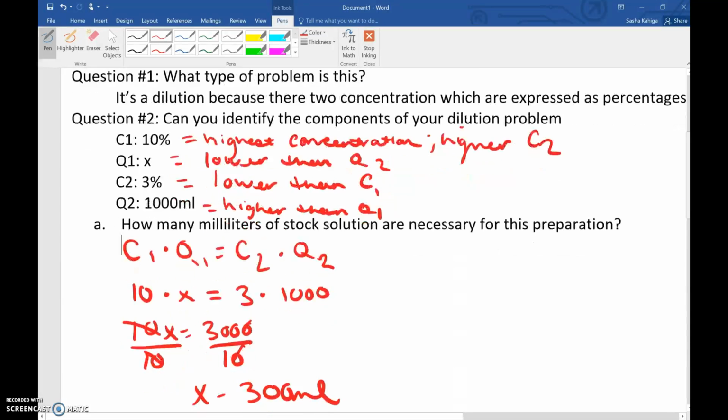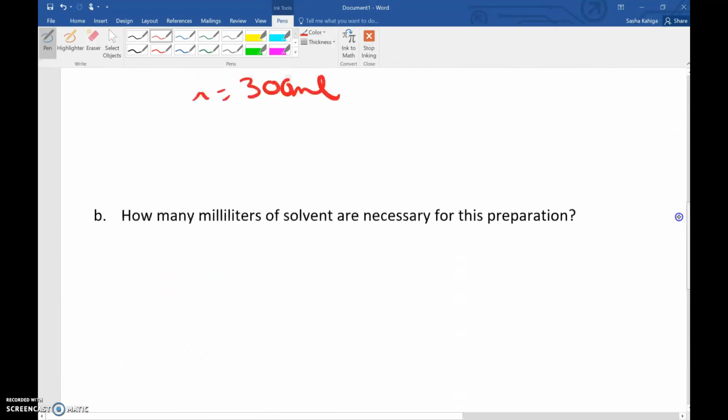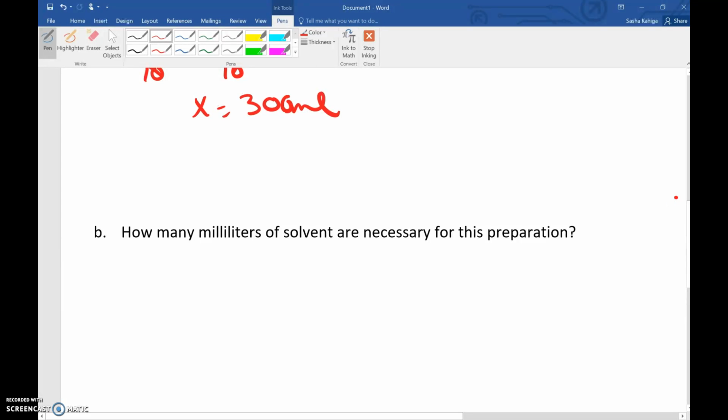Let's go ahead and look at B. Same problem, number 1, but we're looking at 1B. The question is, how many milliliters of solvent are necessary for this preparation?